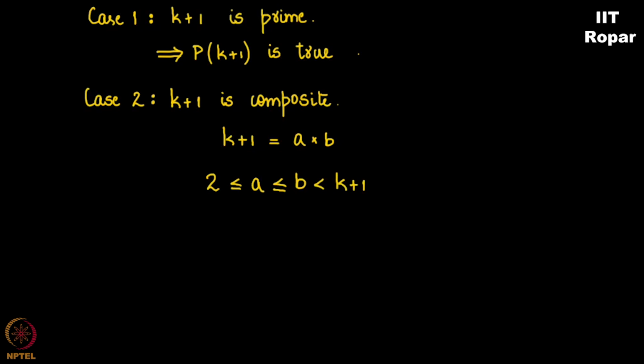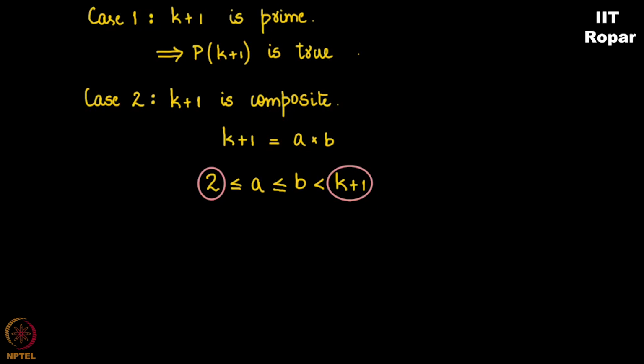Do you see something? A and B lie in the range 2 to k+1. It can take the value 2 but cannot take the value k+1, because we cannot write k+1 as 1 times k+1. It should be strictly less than k+1. So A and B lie in this range.